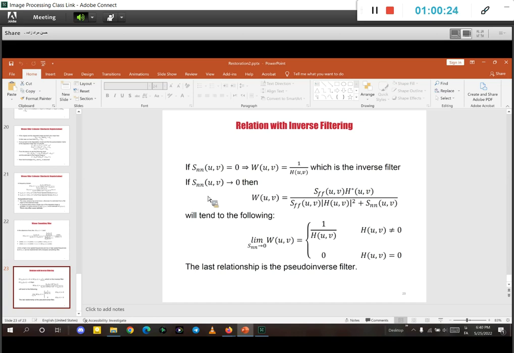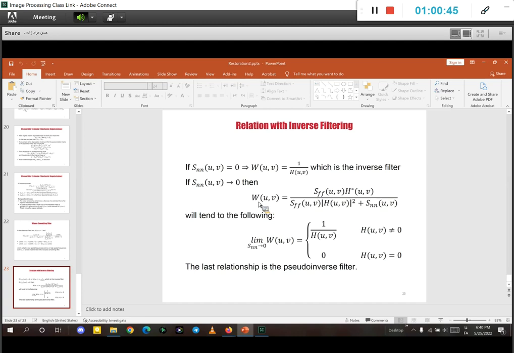But if we had some small noise, PSD of noise about 0, W is the total item with PSD of input and this item.